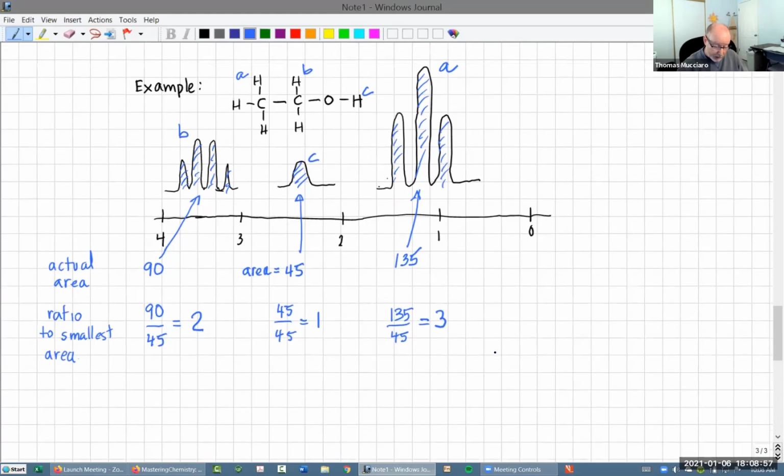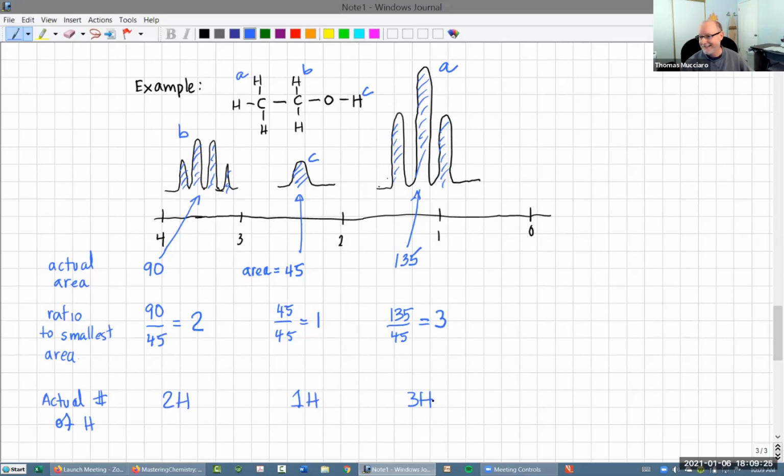Now, when we do this in the actual NMR, there are 3 different ways we can be presented with integration data, okay? From hardest to easiest.